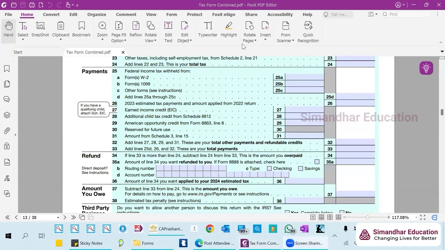Ishani, continue with my formula. Where did my formula stop? My formula stopped at taxable income. What's after that, based on page 2?